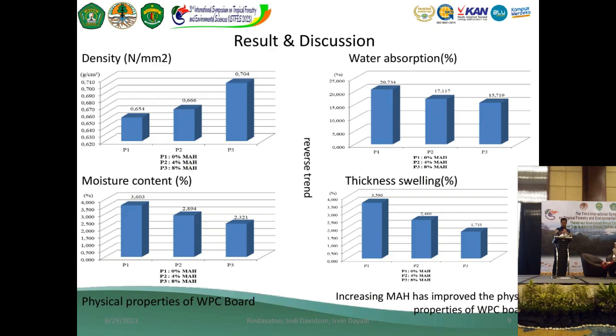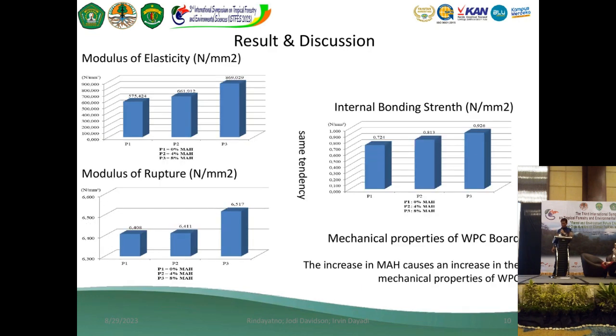Next. This is about the mechanical properties. Generally, the result is that the increase in MA causes an increase in the mechanical properties of the WPC board. And the analysis is that initial cracks result from voids or cavities in the specimen because stress concentration happens when the WPC is exposed to a load or force.